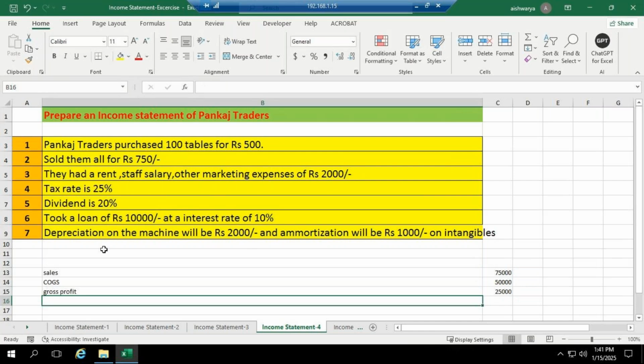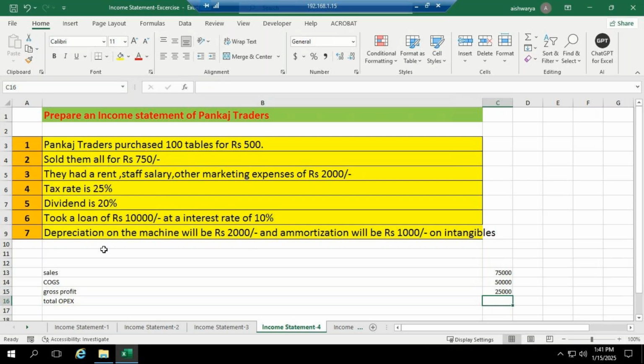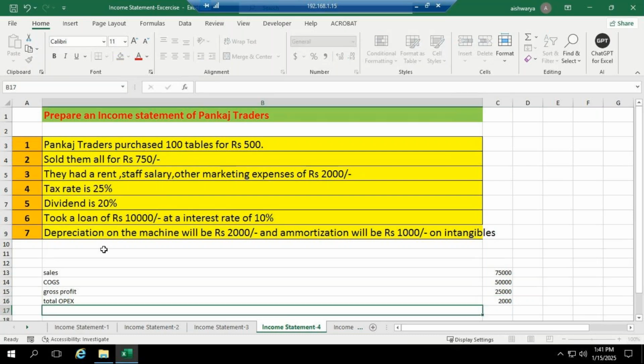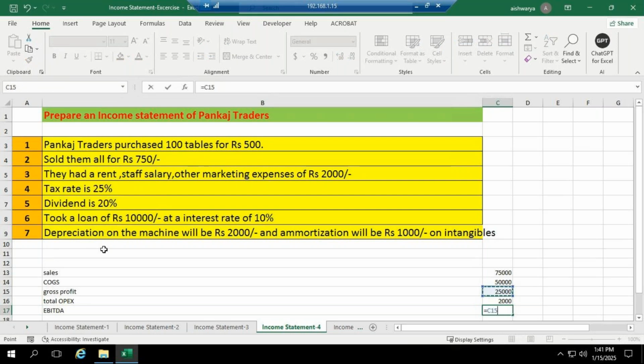So then total OPEX, total operating expenses: you'll be getting the rent, staff salary, other marketing expenses. So you'll be getting here as 2,000. Then you'll be getting the answer as EBITDA if you deduct the operating expenses from the gross profit.